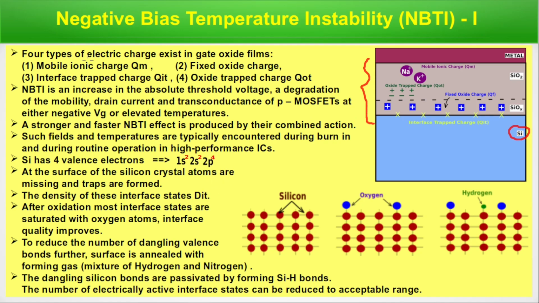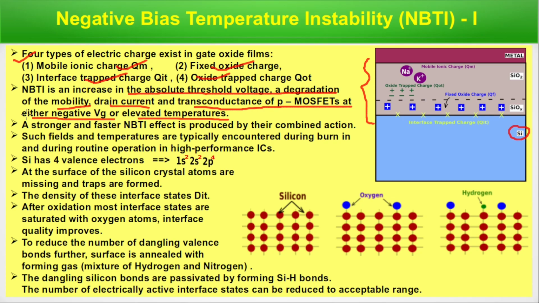Four types of electric charge exist in gate oxide films. We need to know that because these charges play a very important role in this phenomenon. Mobile ionic charge QM, fixed oxide charge, interface trapped charge, and oxide trapped charge. NBTI is an increase in the absolute threshold voltage and a degradation of the mobility, drain current and transconductance of P-MOSFETs under negative VG or elevated temperature.